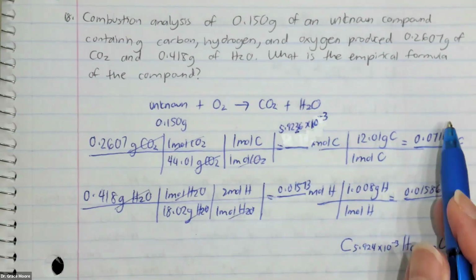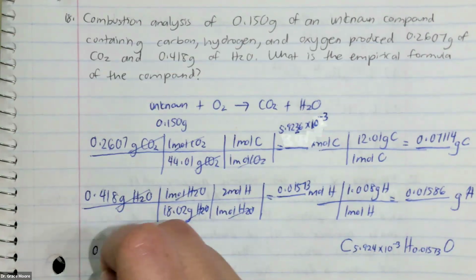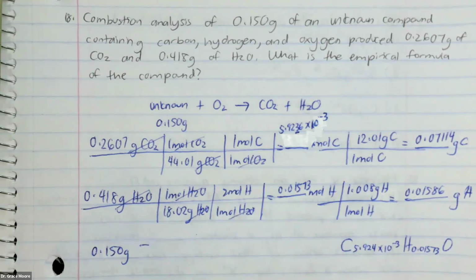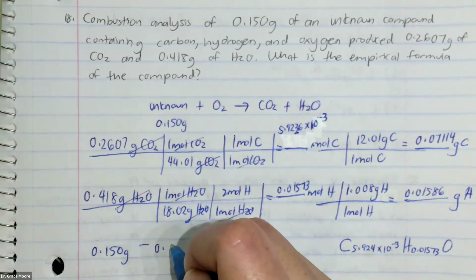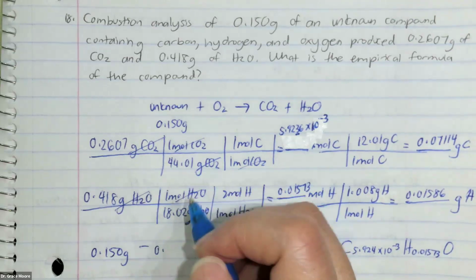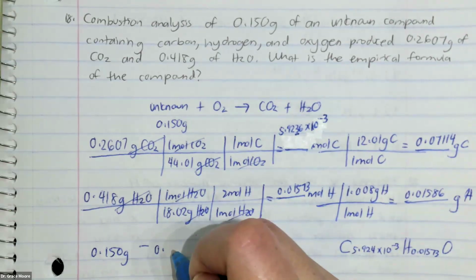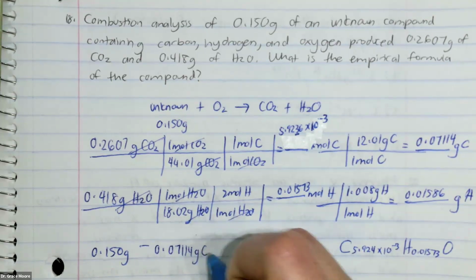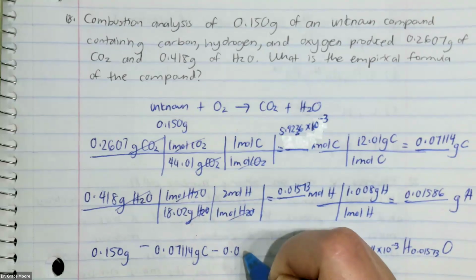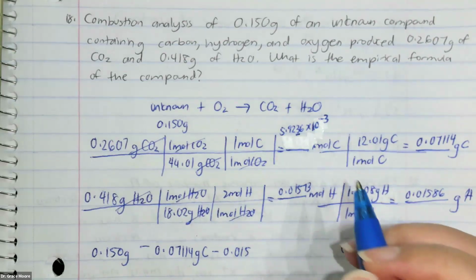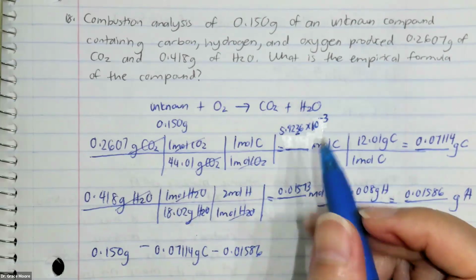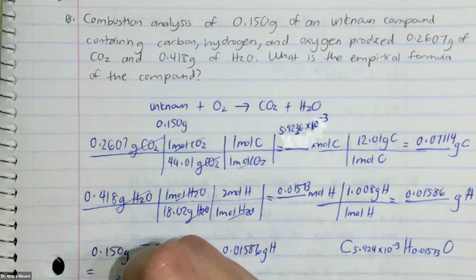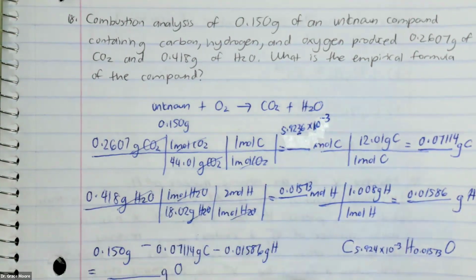But I know grams of O now because it's 0.150 grams of the total minus 0.07114 grams C minus 0.01586 grams of H. The number really keeps going. That's going to give me whatever grams of O.